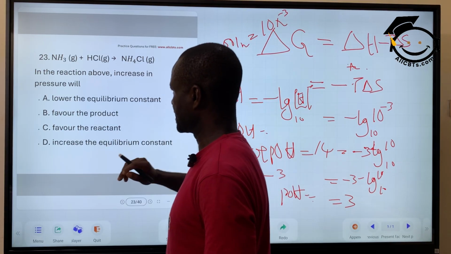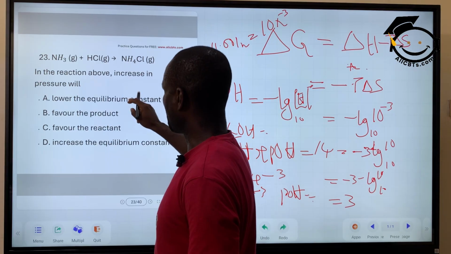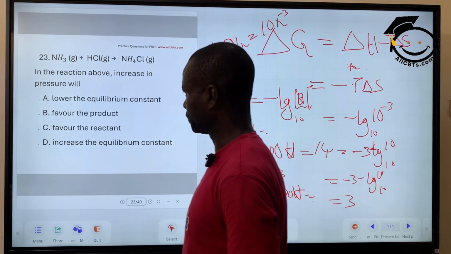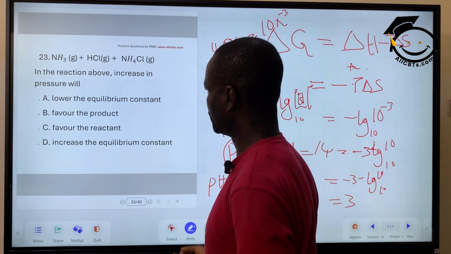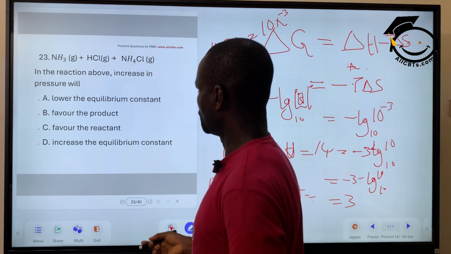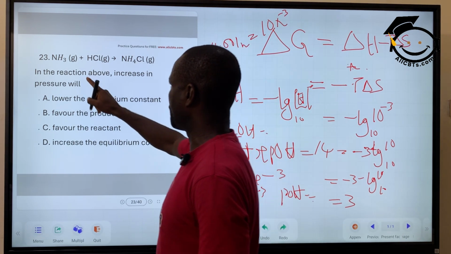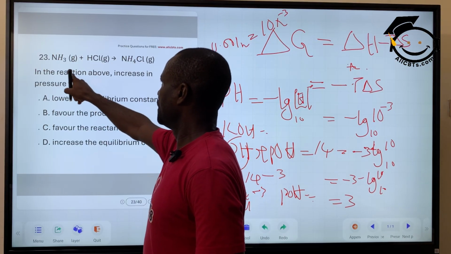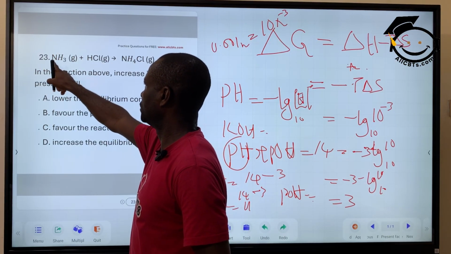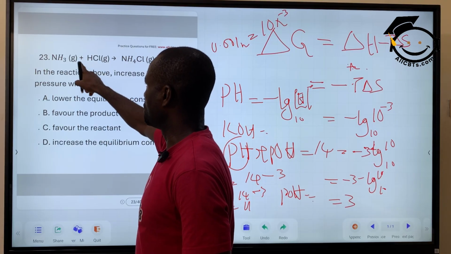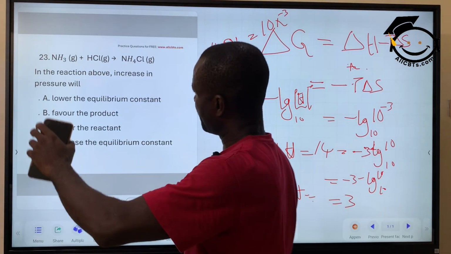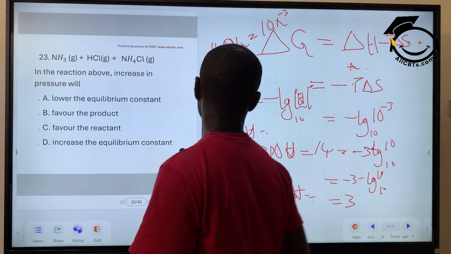They are all gases. In the reaction above, if we decide to increase the pressure, what will happen to the product? Going by Le Chatelier's principle, pressure and volume are related. This is one volume plus another volume, meaning 2 volumes on the reactant gives you 1 volume.